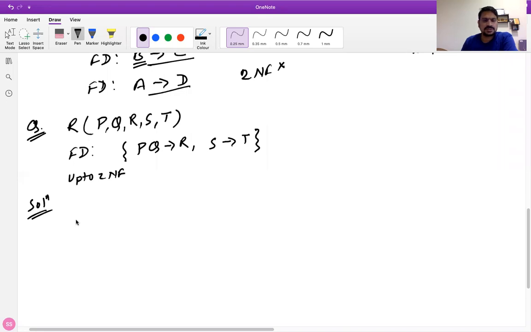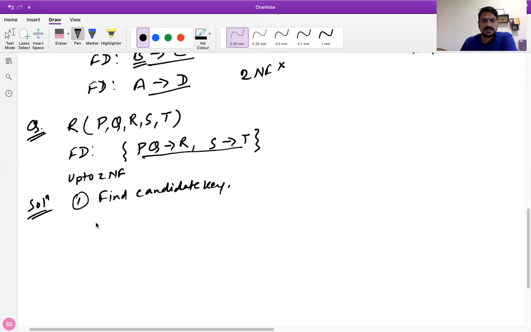This is my question. So in the solution, the first step is to find the candidate key. All of you do the questions along with me. So first of all, we have to find the candidate key using the functional dependencies.